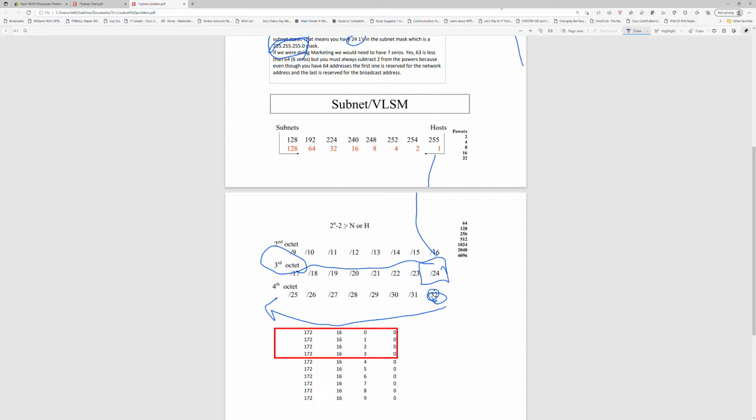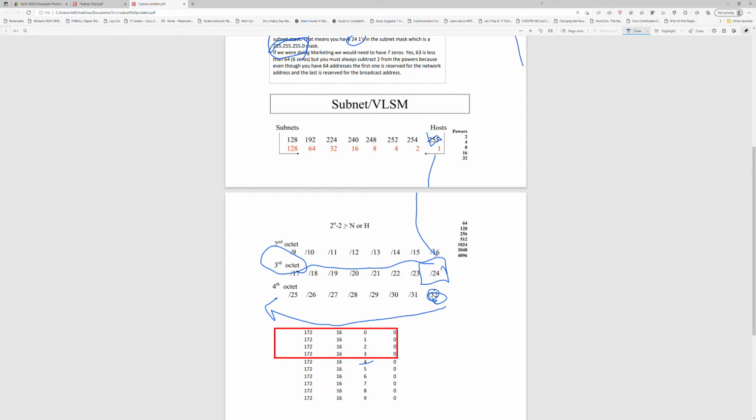And it also, by the way, tells me what my subnet mask would be, a /24, 255.255.255.0. So what that gives me are these 4 subnets down here. I start with 172.16.0.0, and they go up by 1s in the 3rd octet.